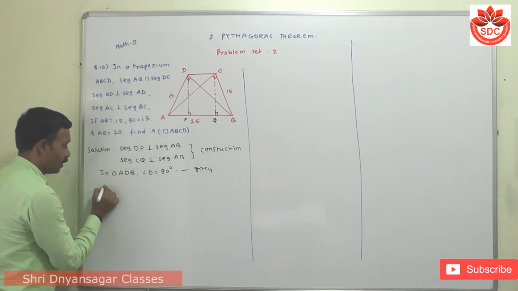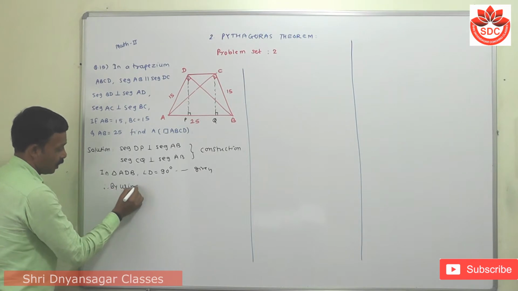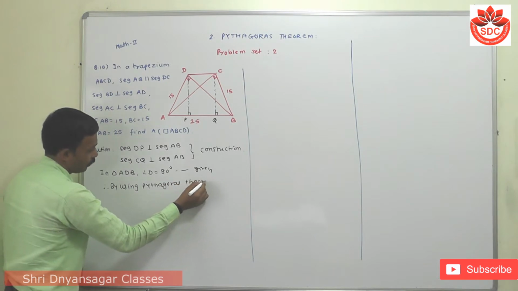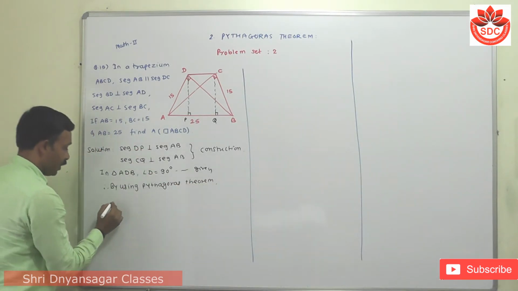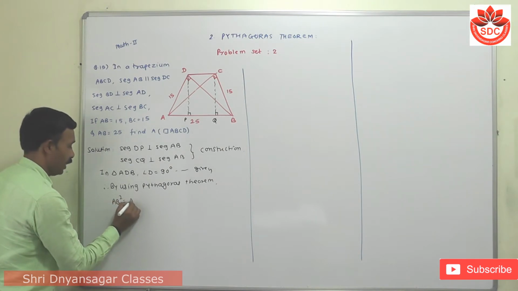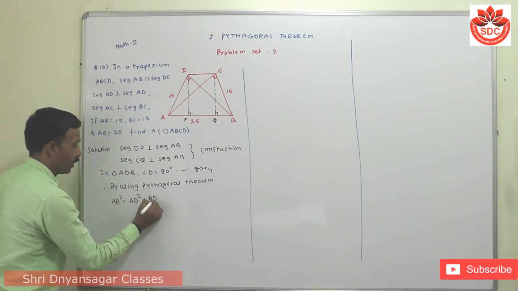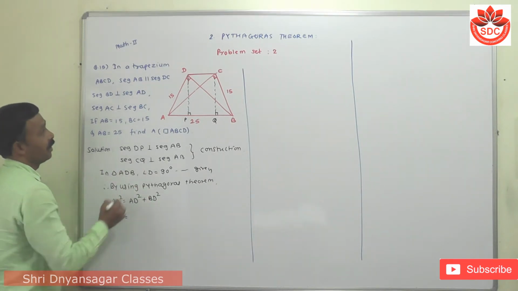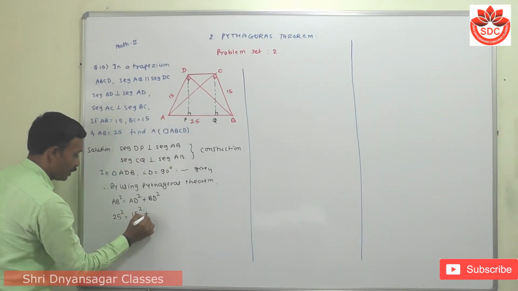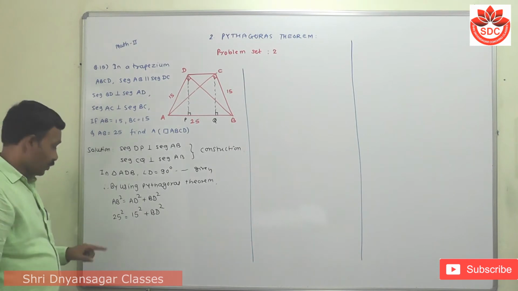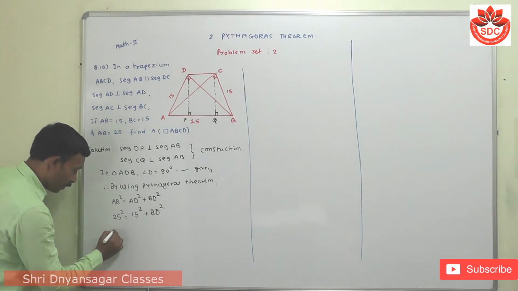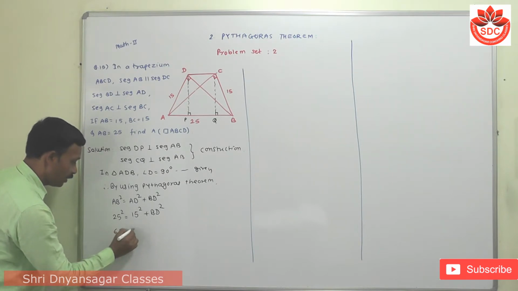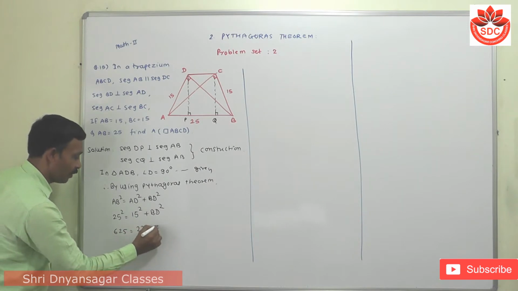Then by using the Pythagoras theorem, AB square is equal to AD square plus BD square. Substitute the values: AB is 25, so 25 square is equal to AD, which is 15, 15 square plus BD, which we have to find. The square of 25 is 625 and the square of 15 is 225, plus BD square.